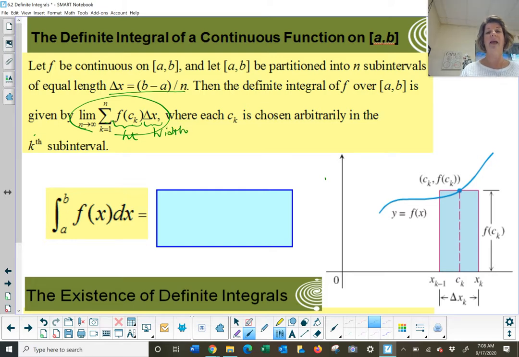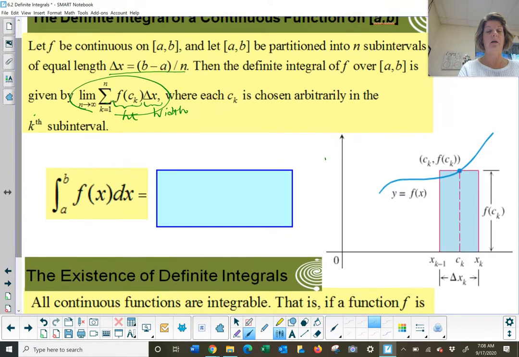When they said that c sub k is chosen arbitrarily, what they're saying is it's neither left, right, nor mid. We can't really predict. C sub k could be anywhere along that kth subinterval. So they're just showing that possibility of c sub k coming from anywhere.